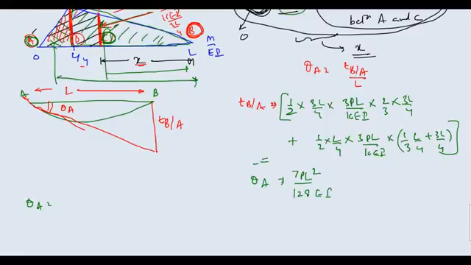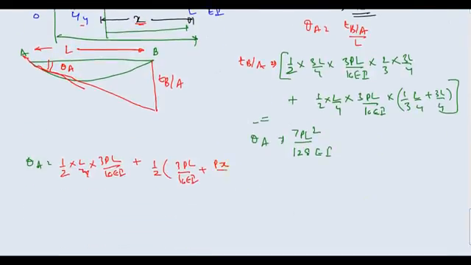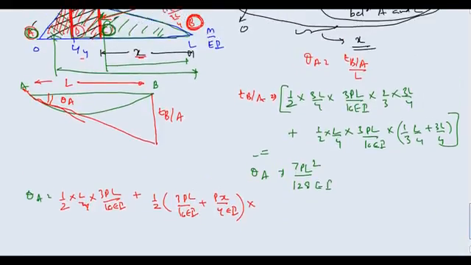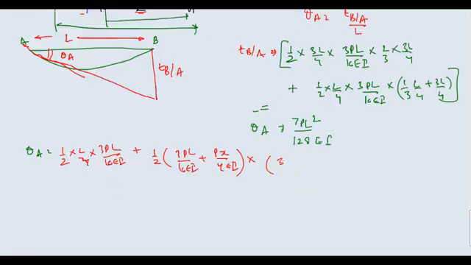You have a small triangle and a trapezium. The area of the triangle is half L by 4 into 3PL upon 16 EI, plus the area of the trapezium, which is half of 3PL upon 16 EI plus Px upon 4 EI, multiplied with the distance, that is 3L by 4 minus X. This is equal to theta, which we have already calculated, 7PL square by 128 EI.